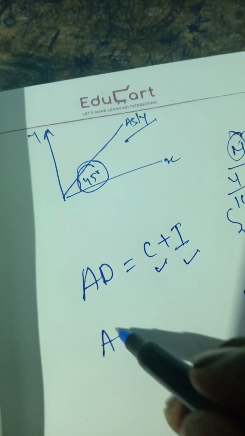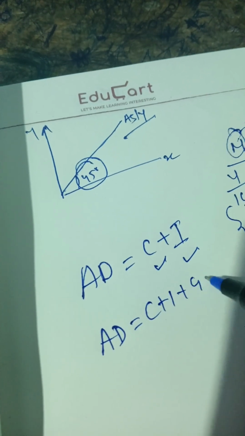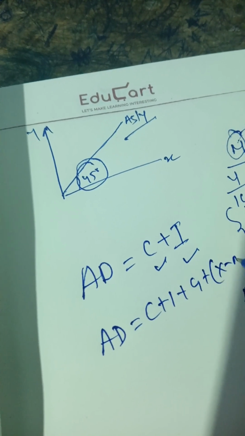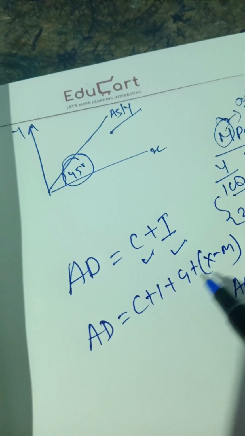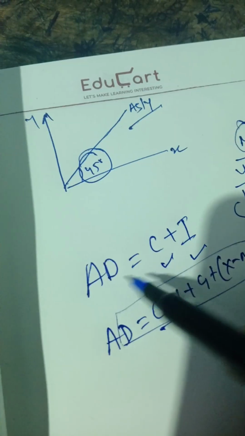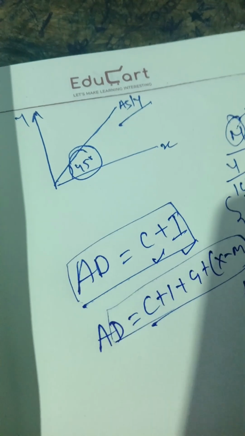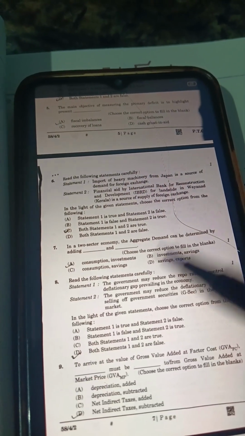And in the open economy, I have told you, aggregate demand means C plus I plus G plus X minus M: consumption expenditure, investment expenditure, government expenditure, and exports and imports. So according to the question, consumption and investment, option A is correct.